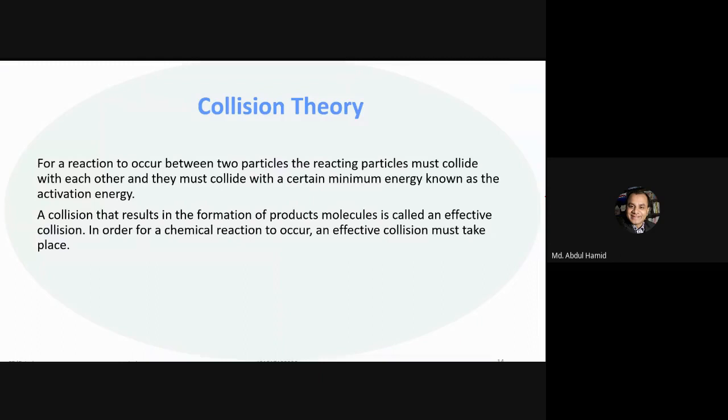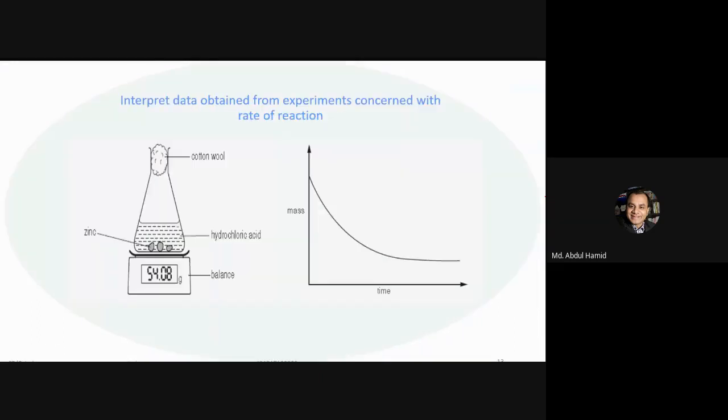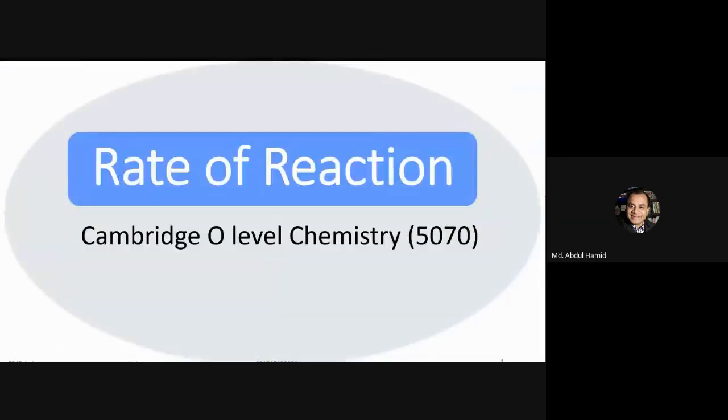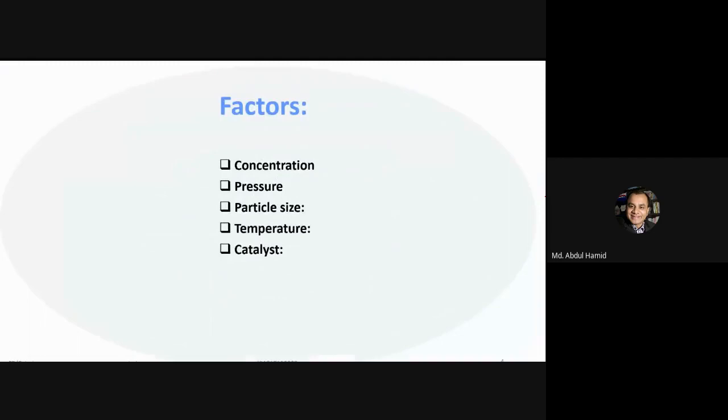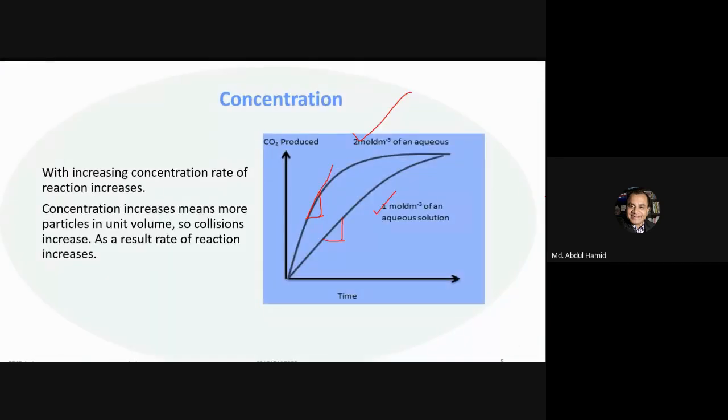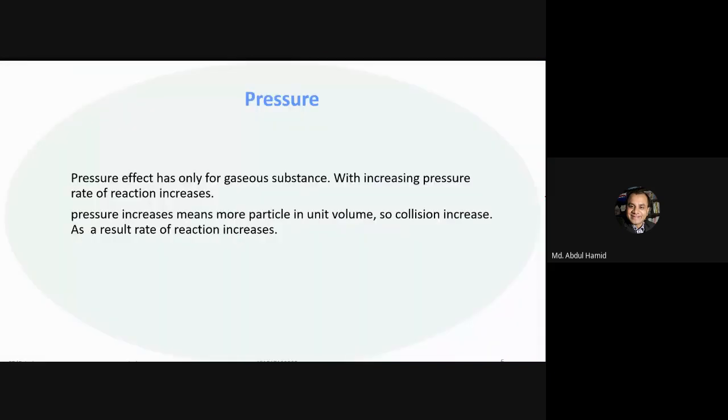So I can give you a summary of this chapter. The first part is rates of reaction. You have to know the definition, then the factors: concentration, pressure, particle size, temperature, and catalyst. Concentration increases, rate increases. Pressure increases, rate increases.